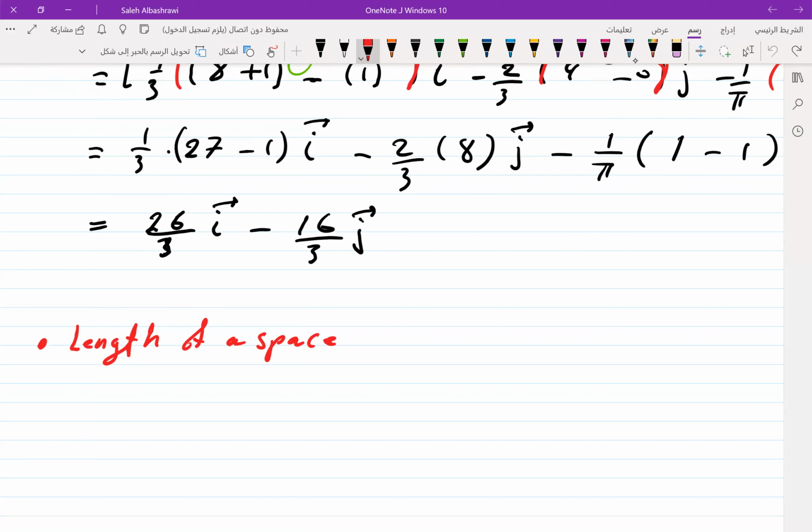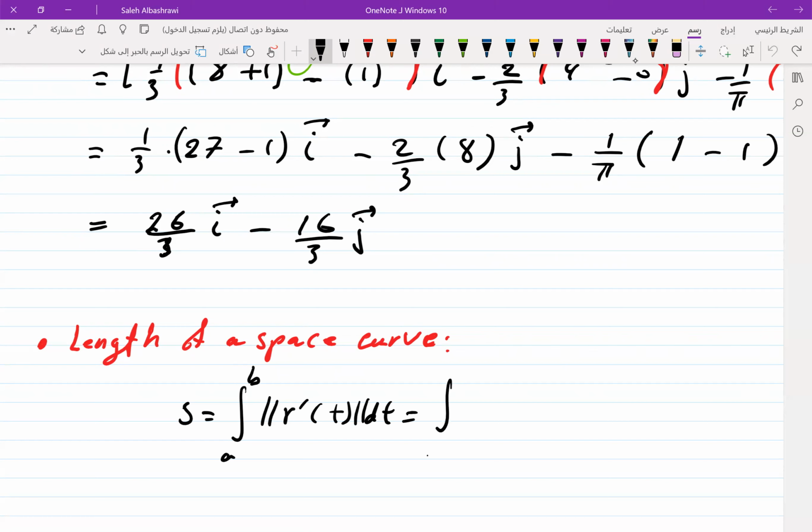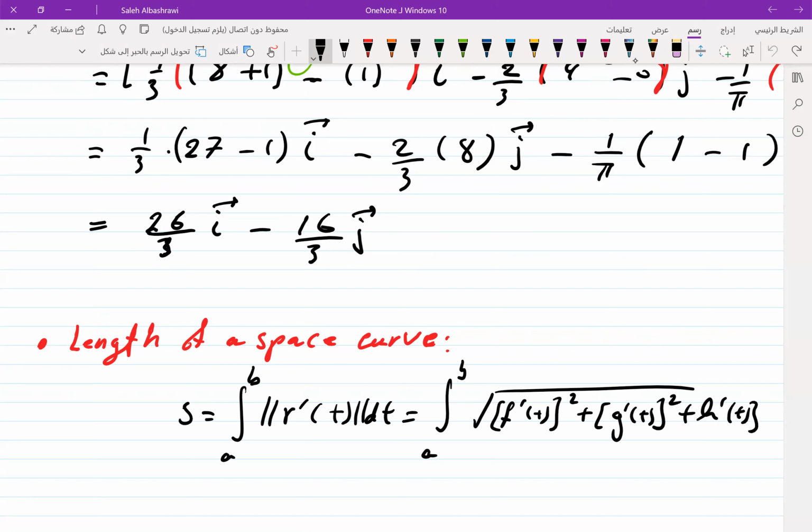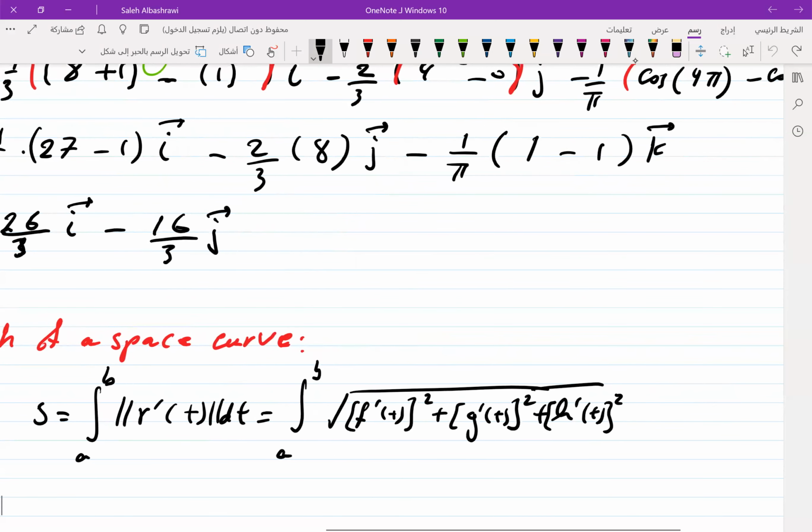Space curve. The length of a space curve is given by s equal to the integration from a to b of the magnitude of the derivative of the vector function, which is equal to the integration from a to b of the square root of f prime of t squared plus g prime of t squared plus h prime of t squared dt.